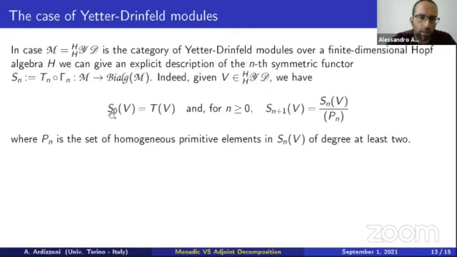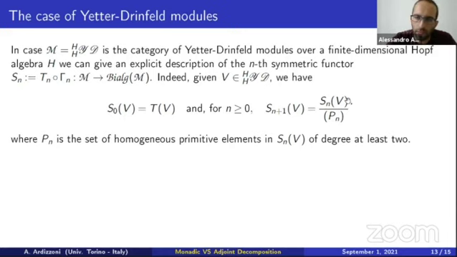Then, if we set S0 to be just the tensor algebra, we can write S n plus 1, the functor as before, on any object V in Yetter-Drinfeld as a quotient of the previous symmetric functor by the two-sided ideal generated by the primitive elements in Sn of V, which are homogeneous and of degree greater or equal to 2. So you can give it explicitly if we can compute these primitive elements.